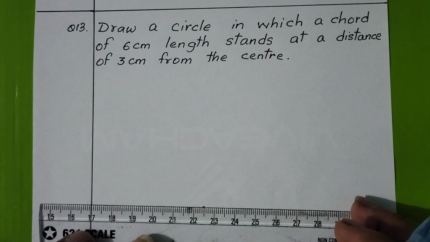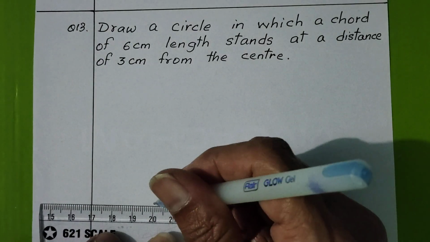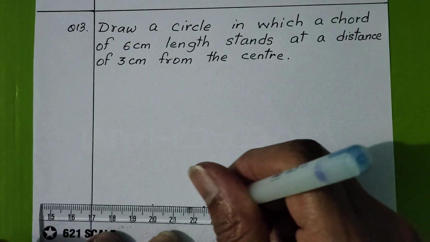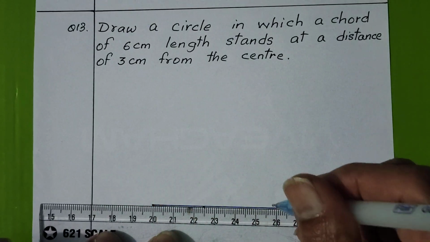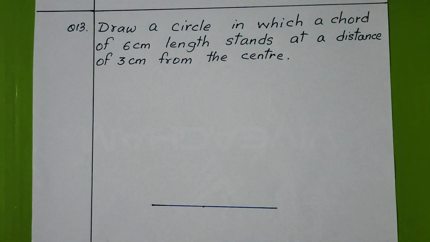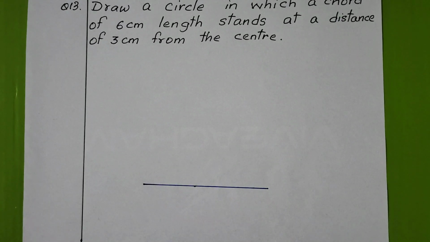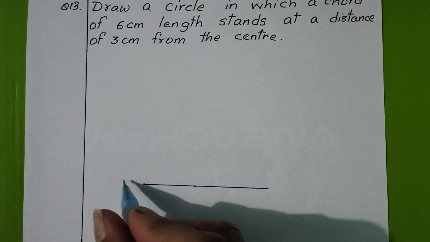We will draw a chord equal to 6 centimeters. This is a chord equal to 6 centimeters. I will name the chord as AB.